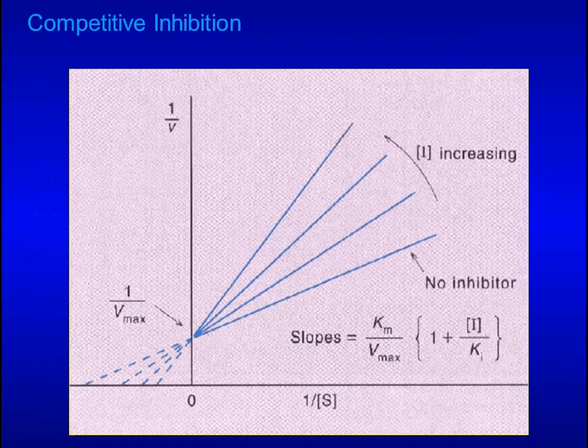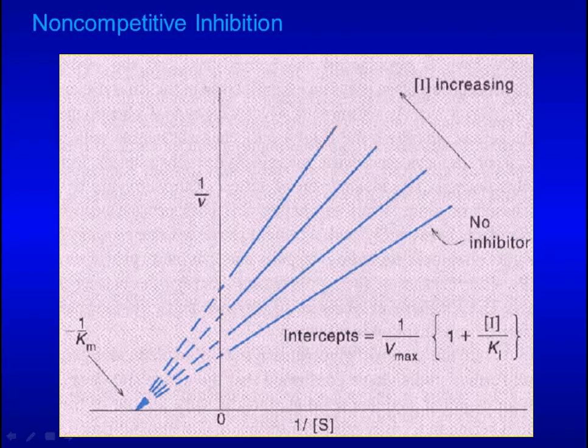In the Lineweaver-Burk plot, this line represents Michaelis-Menten kinetics without inhibitor. After adding a competitive inhibitor, the line shifts counterclockwise, but it passes through the same y-intercept. For non-competitive inhibition, this line represents Michaelis-Menten kinetics without inhibitor.